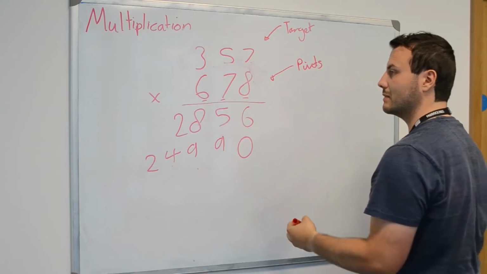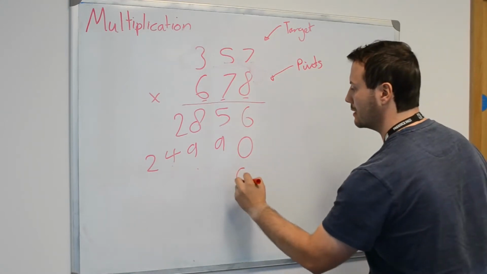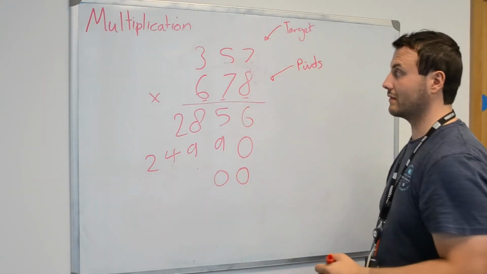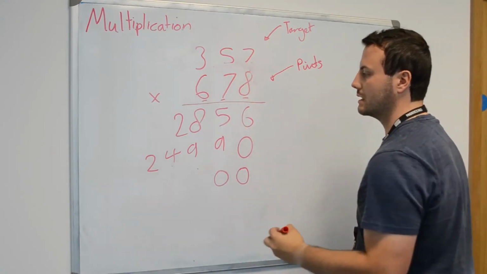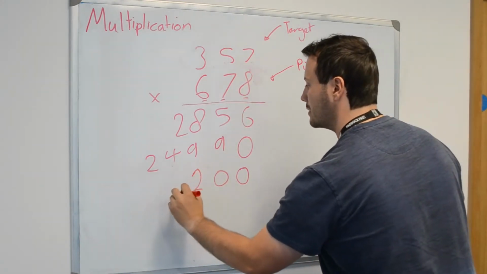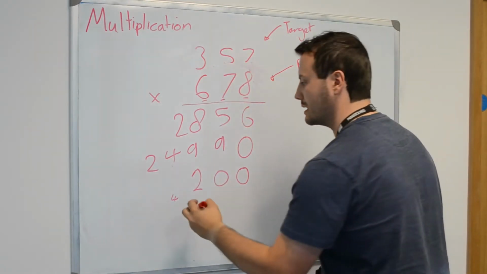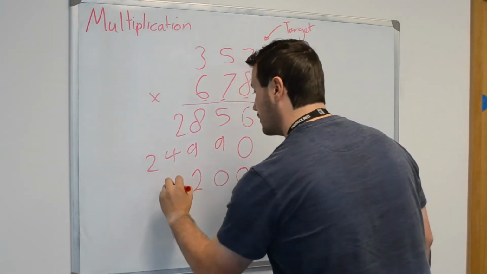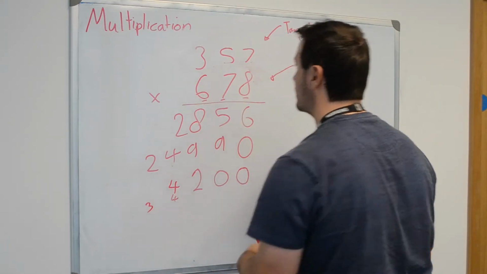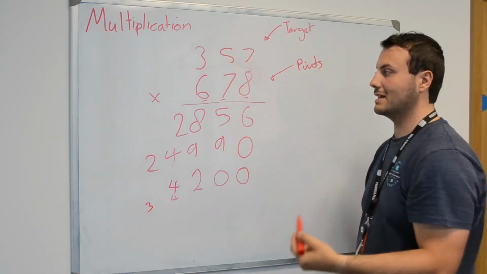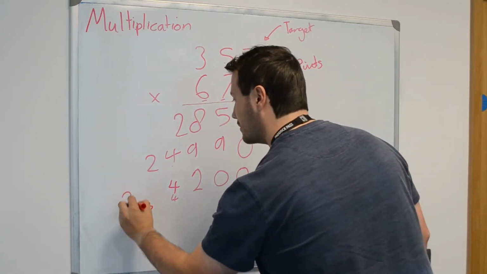Last pivot, 6 for 600, so we add 2 zeros for that. 6 sevens are 42, 6 times 5 is 30, plus 4 is 34, 6 times 3 is 18, plus 3 is 21.